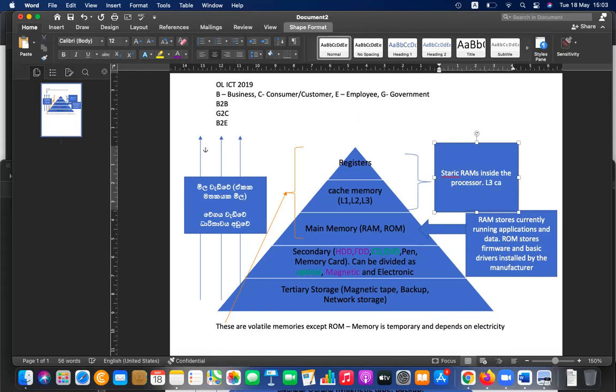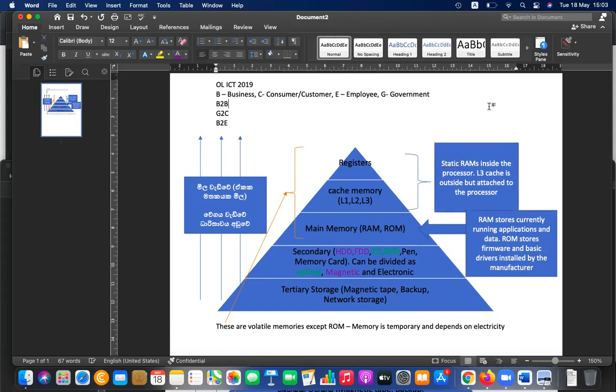L3 cache is outside but attached to the processor. These are called SRAM, static RAMs. And here this one is dynamic RAM, right? DRAM or dynamic RAM.